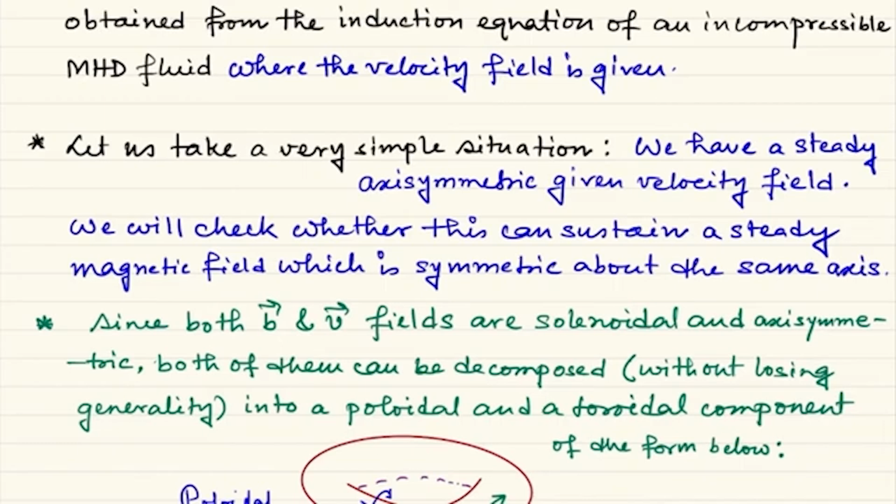Cowling's original proof was not really very rigorous, but there is a short and much more rigorous proof, and in this lecture we follow that proof.